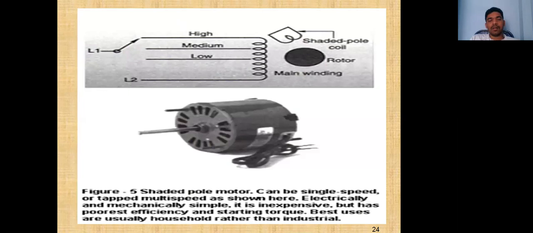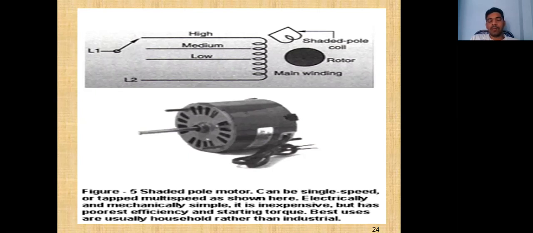Best uses are usually household rather than industrial applications. In household applications, generally in coolers, for high, medium, low multi-speeds, shaded pole induction motors are used.